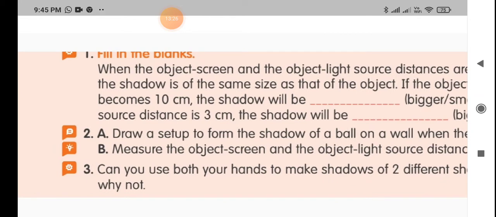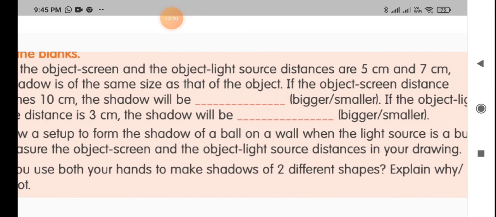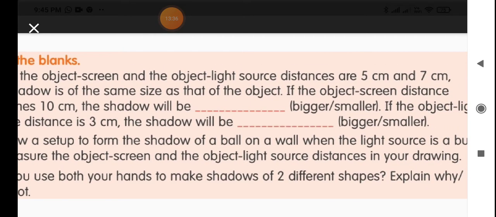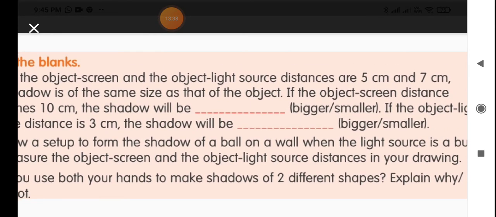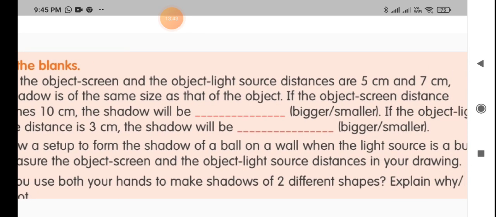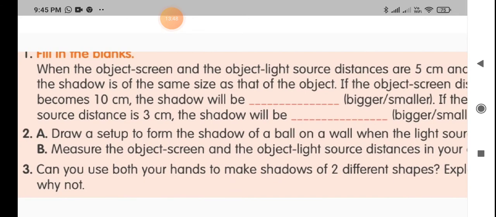Now draw a setup to form the shadow of a ball on a wall when the light source is A and the light source is B. This you see from your content book, and then draw the asked setup in your notebook.